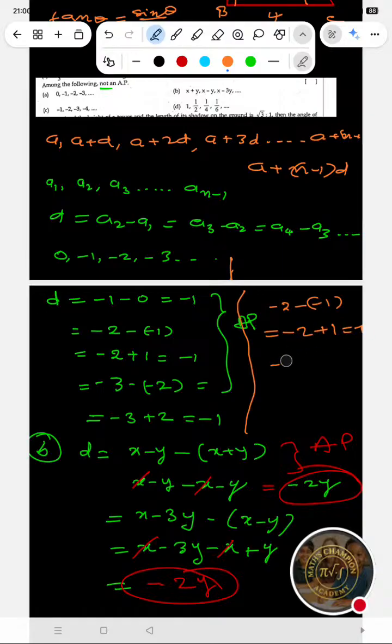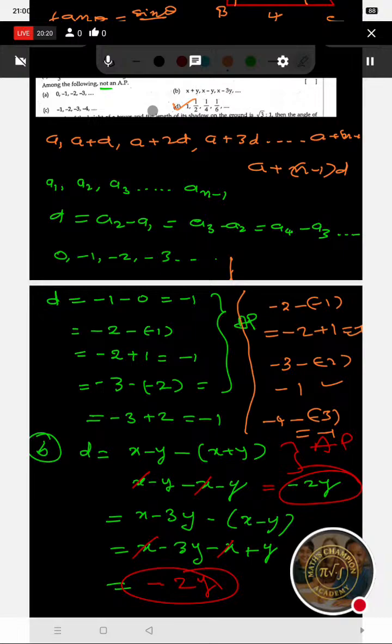Again minus 3 minus 2, we are getting minus 1 again. Here also minus 1, here also minus 1. If you do minus 4 minus 3, again we are getting minus 1 only. So this is also in AP. So the last option is D. If you want, you can do and verify that.